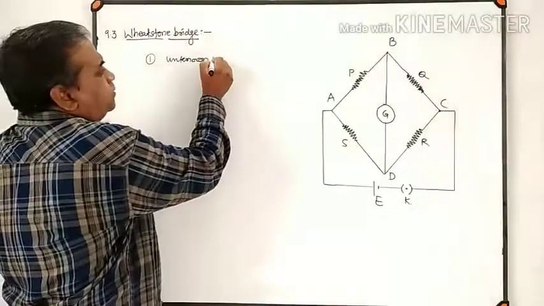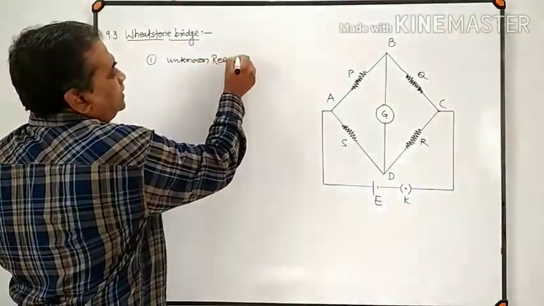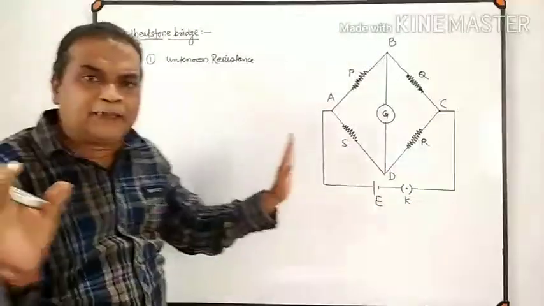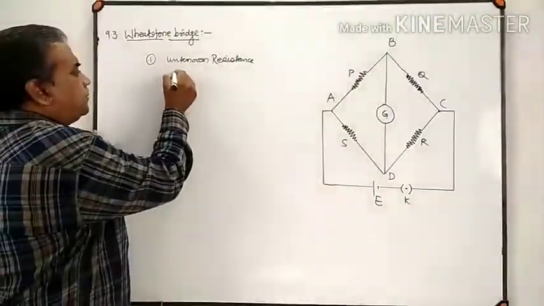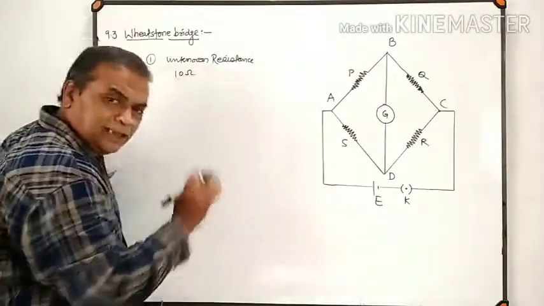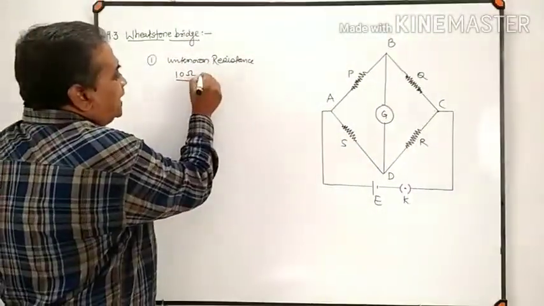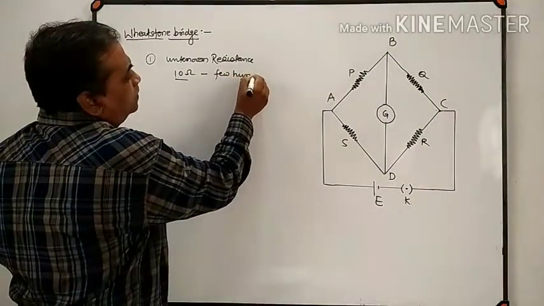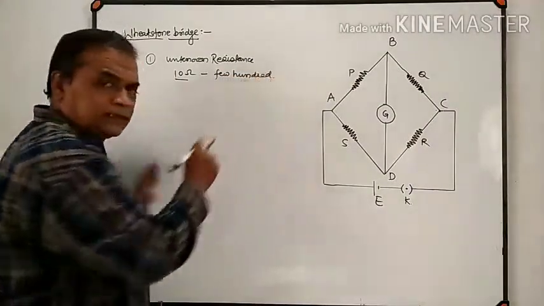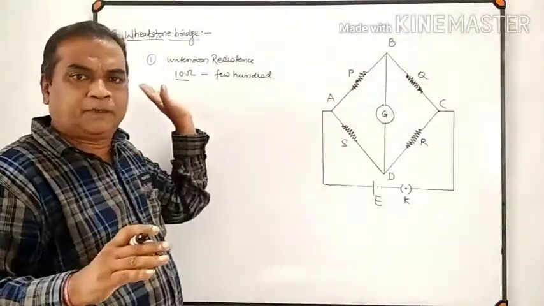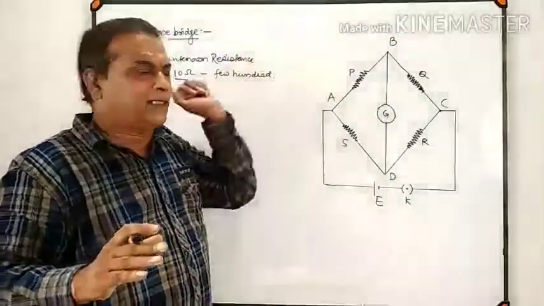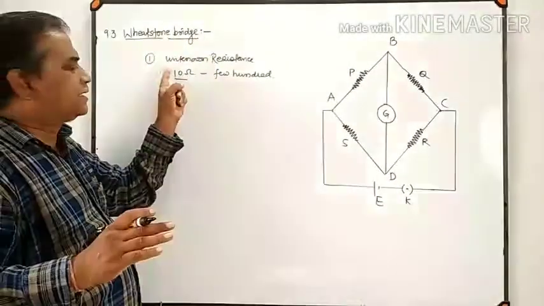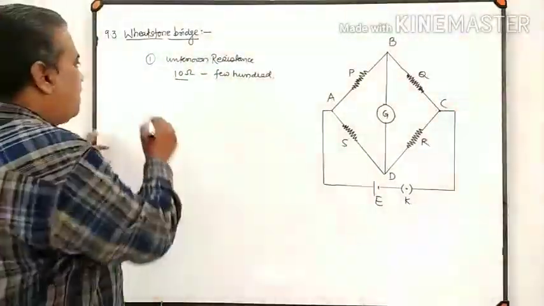Wheatstone's bridge is used to measure the unknown resistance of a material, but the range of that unknown resistance must be within the limit of minimum 10 ohm up to a few hundred ohm. So if the unknown resistance lies within the range of 10 ohm to a few hundred ohm, then we can make use of Wheatstone's bridge for measurement of unknown resistance.